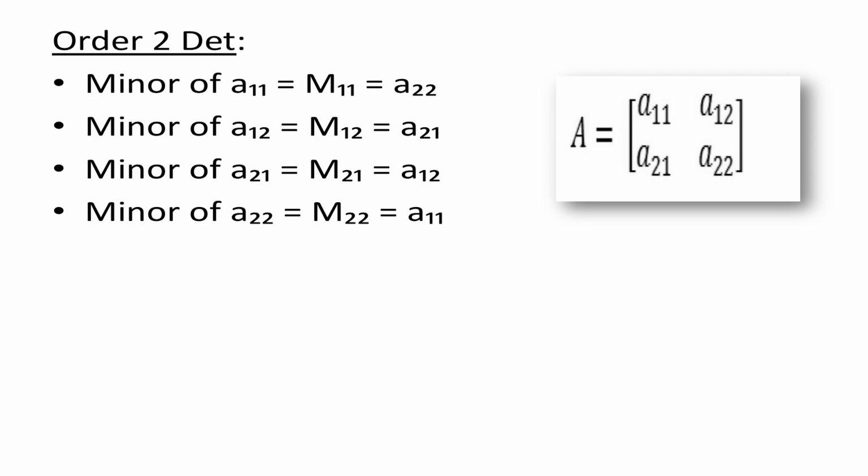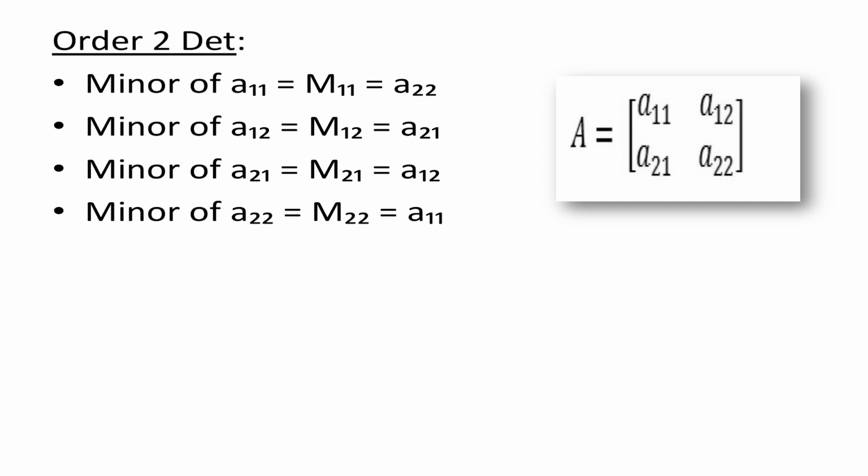The minor of A11 will be written as M11, and how do we find it? We delete the row and the column in which A11 exists. A11 lies in row 1 and column 1, so we delete that row and that column, and the resultant element is the minor.